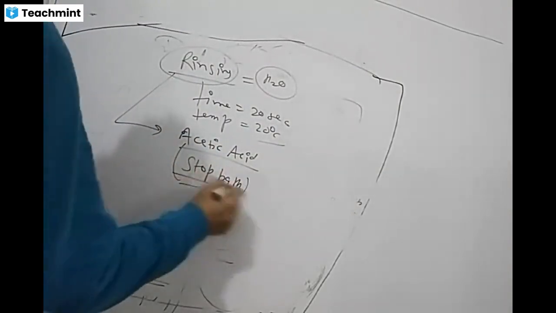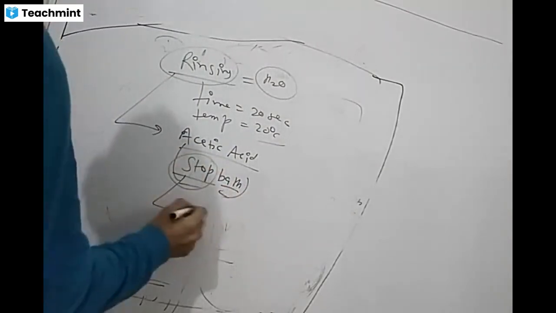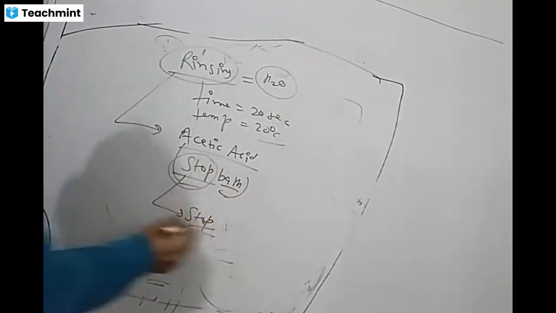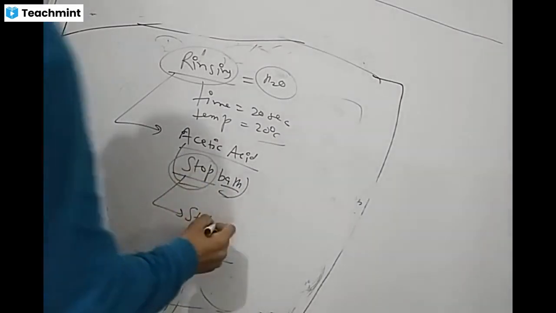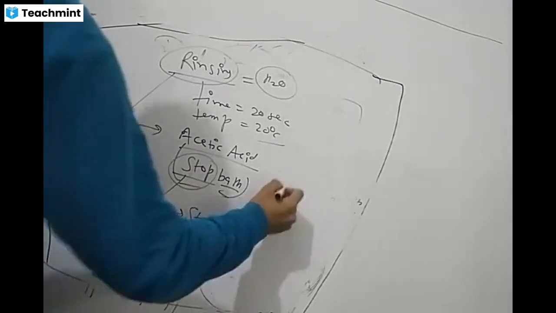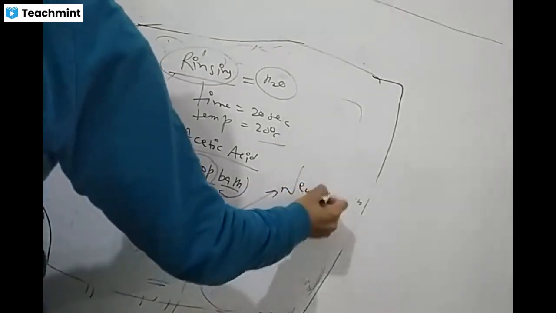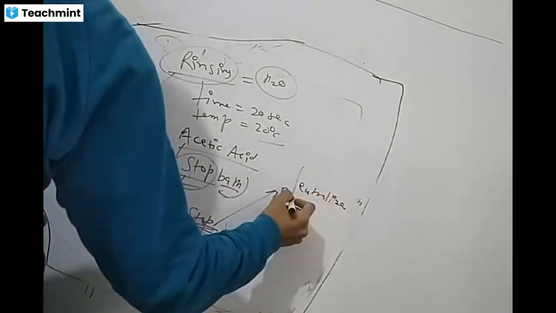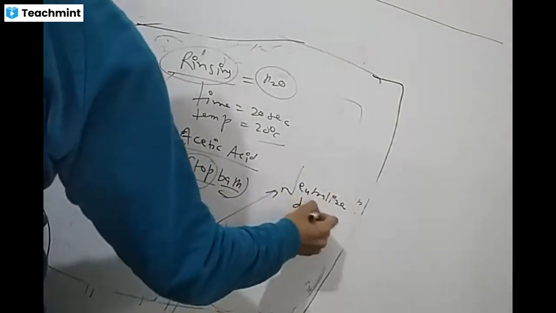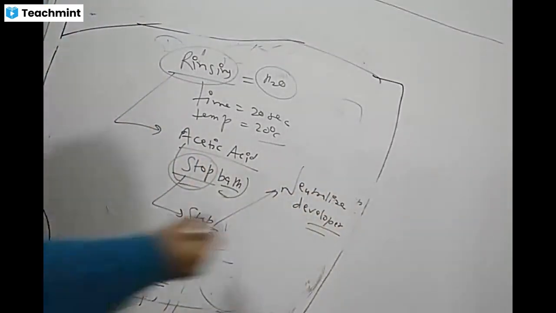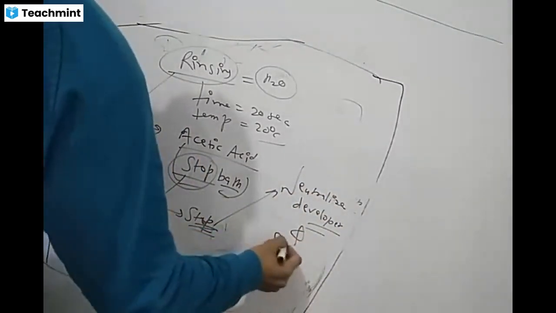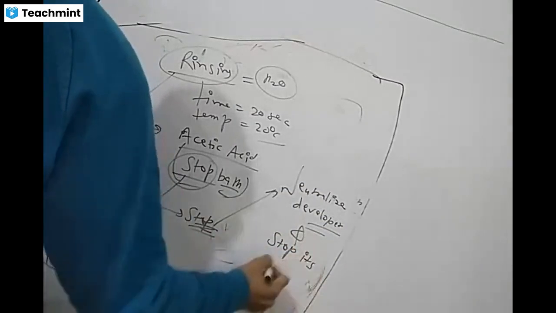The meaning of stop bath is that this acetic acid will stop, it will neutralize your developer, because now you are going to the fixer, so it will neutralize the developer and we want to stop its action.